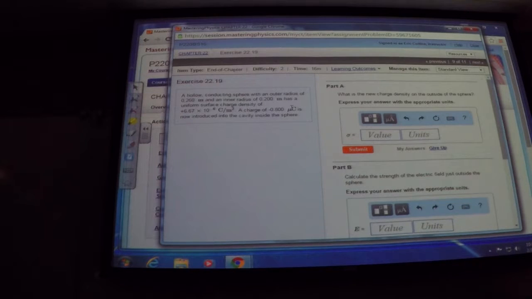Okay, a hollow conducting sphere with an outer radius of 0.26 meters and an inner radius of 0.2 meters has a uniform surface charge density of 6.67 times 10 to the negative 6 coulombs per meter squared.